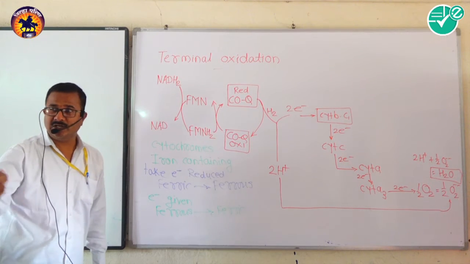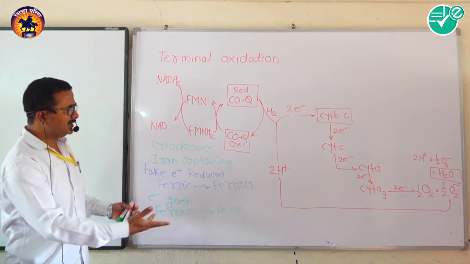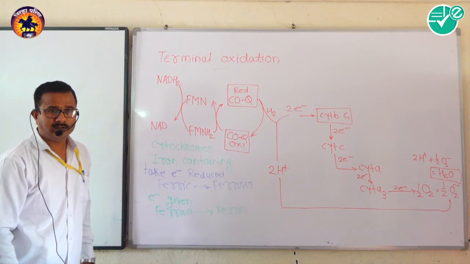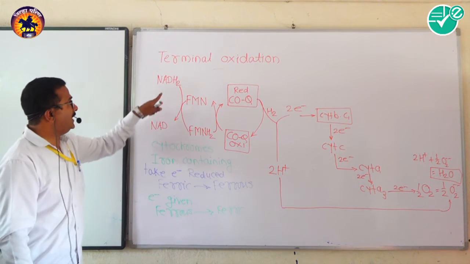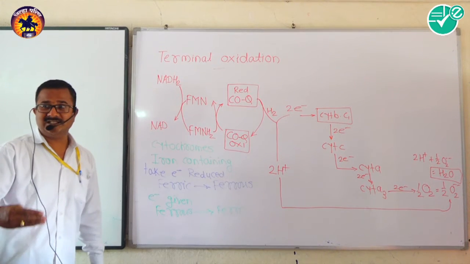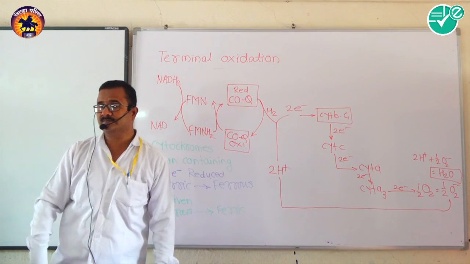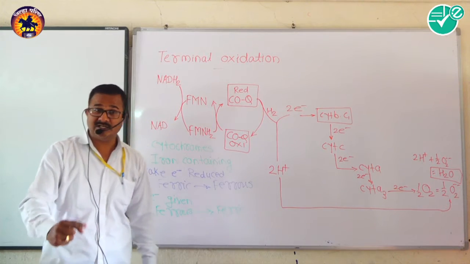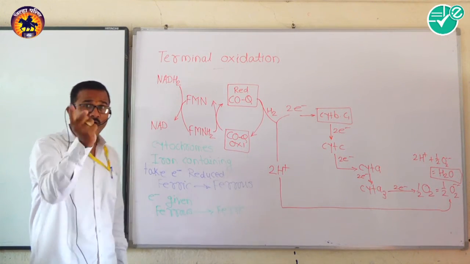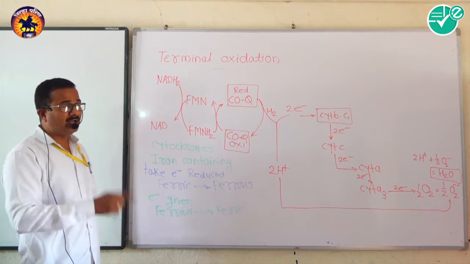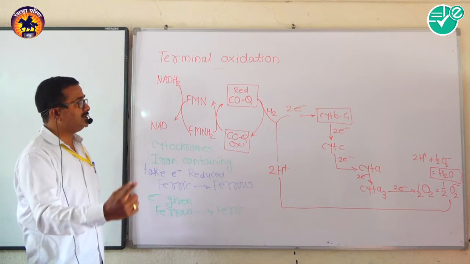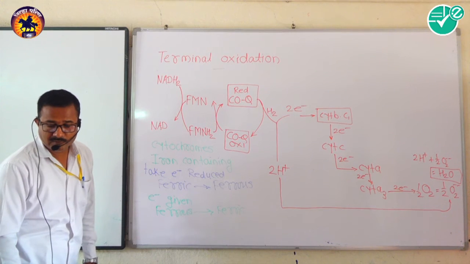Then the question arises in our mind, where is the ATP formed? Yes, when electrons move or when hydrogen splits, energy is released at every place. But not at every place; at some places this energy is utilized in the formation of ATP molecules.